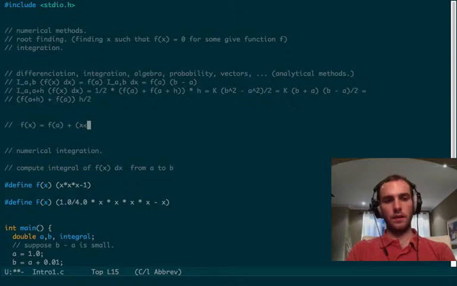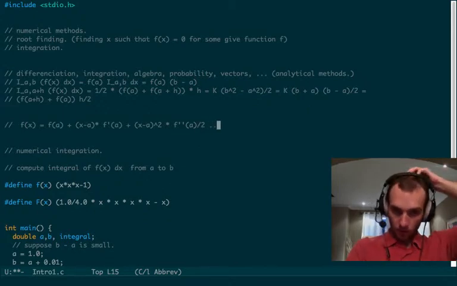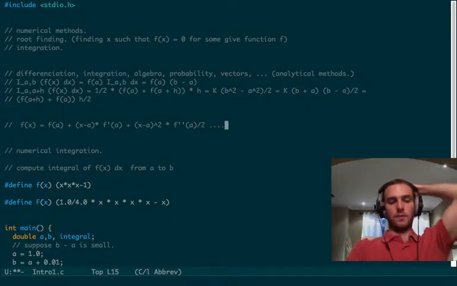So x minus a times the derivative at a plus x minus a squared times the second derivative at a over 2, etc., etc.